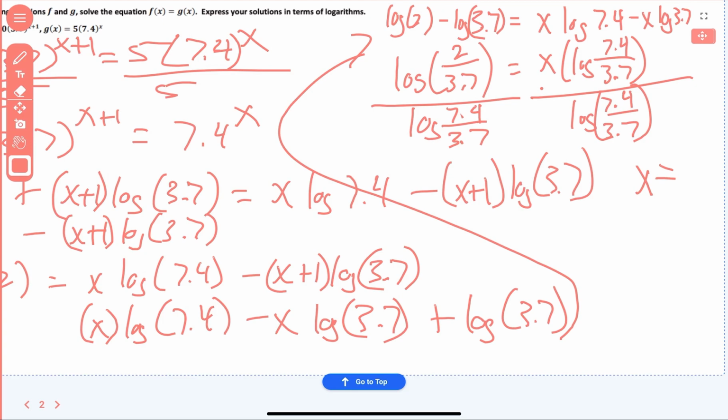well, this is log 2, right? Over log of 7.4 over 3.7. So what's log 2 divided by log of 7.4 over 3.7?